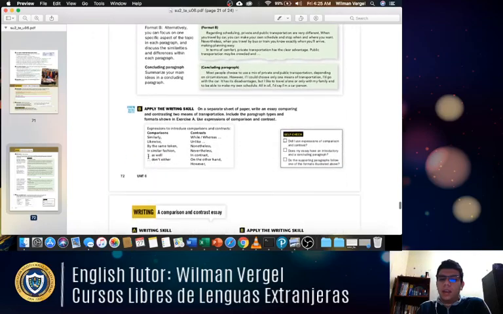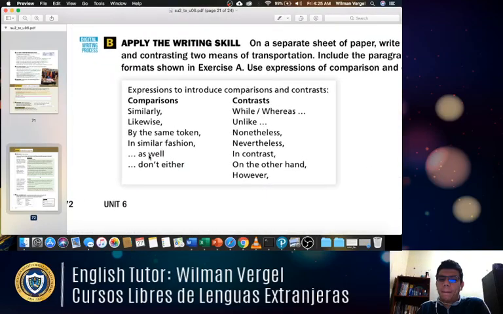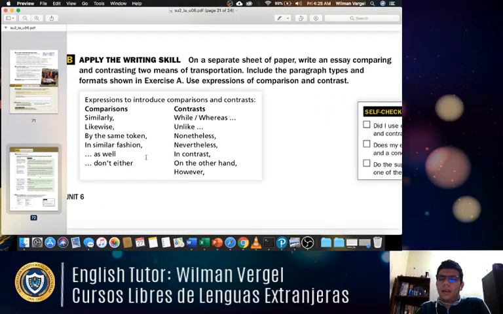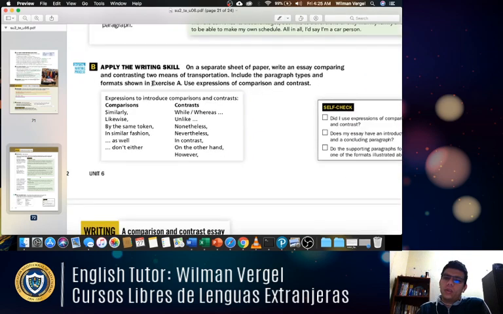In my English Lab, I sent you material about writing these kinds of essays, because I want you to do this exercise B. It says apply the writing skills: on a separate sheet of paper, write an essay comparing and contrasting two means of transportation in your city.